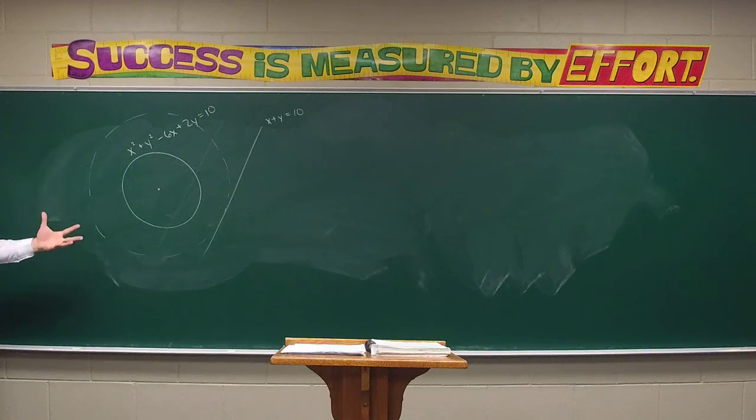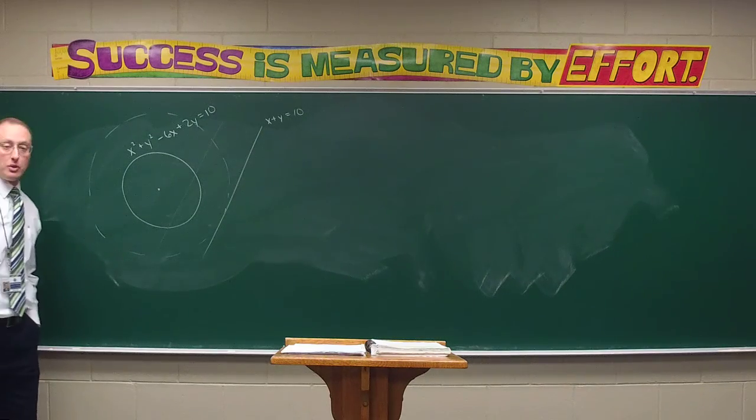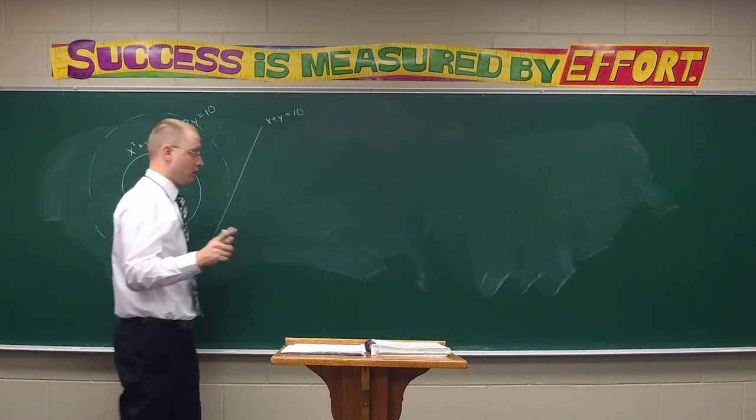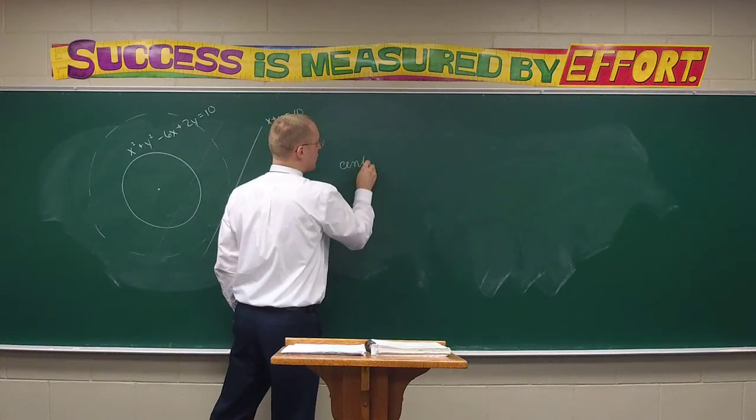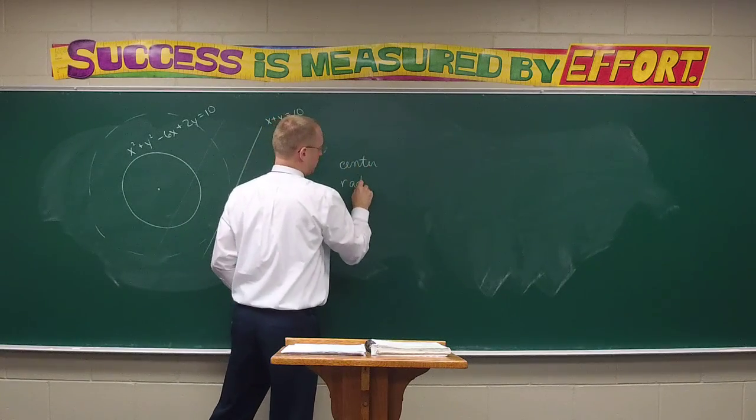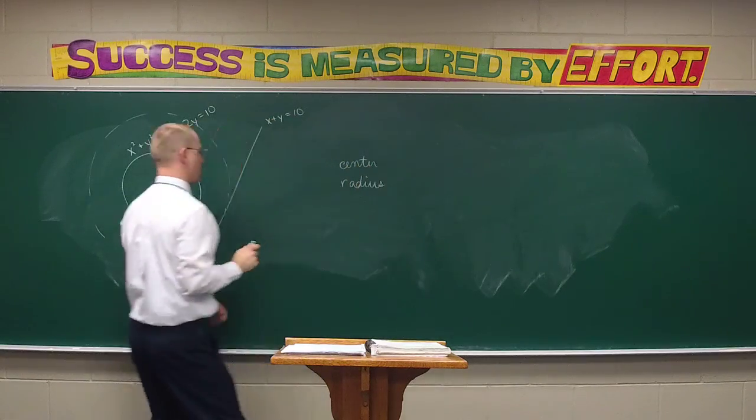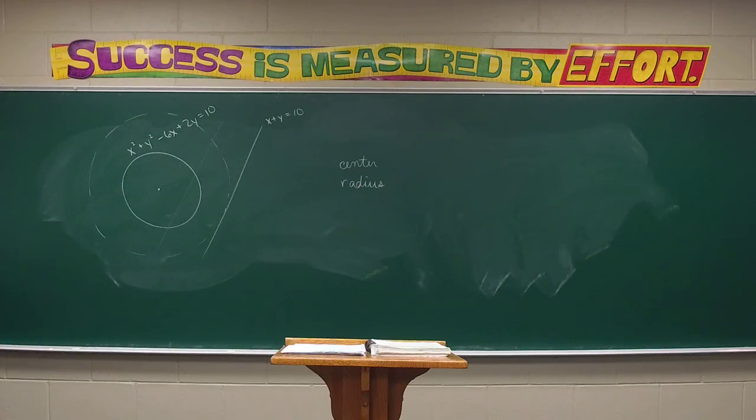That's what we want. Well, again, there's really 2 things you have to know about a circle. Center and radius. Once you know those 2 things, you have the circle essentially solved. Well, the first clue is it's concentric with their circle, meaning it has the same center. So if I can find the center of their circle, I know the center of my circle. At your seats, find the center of the circle.